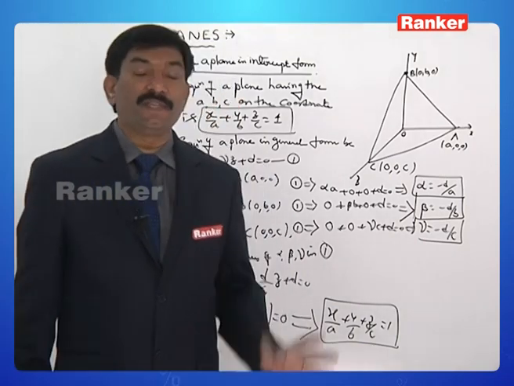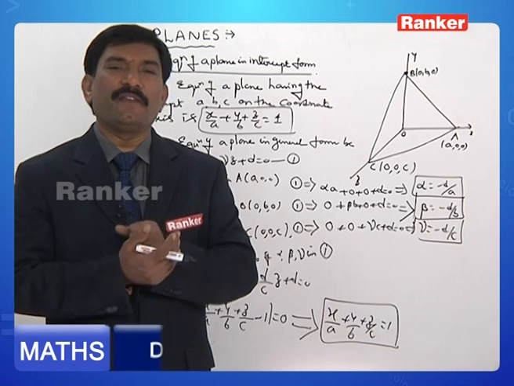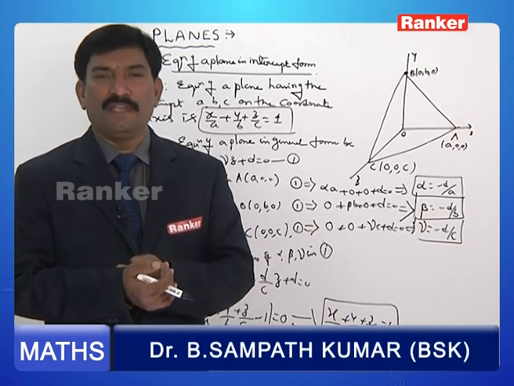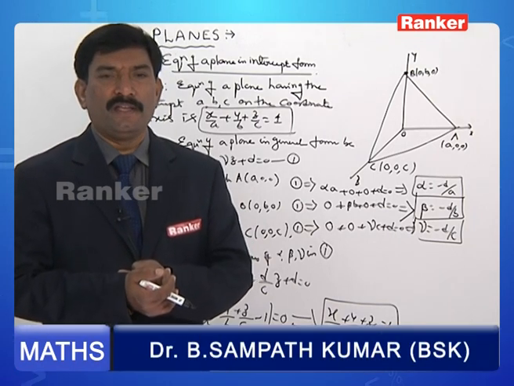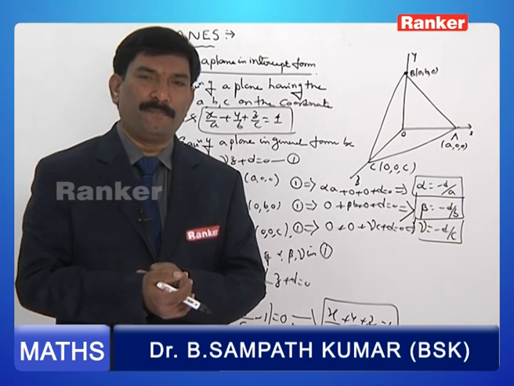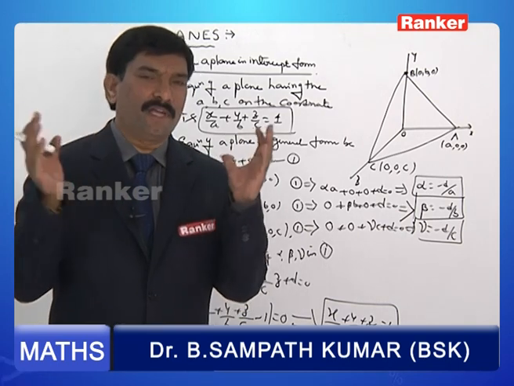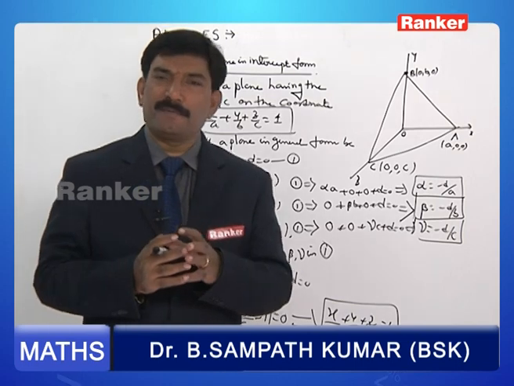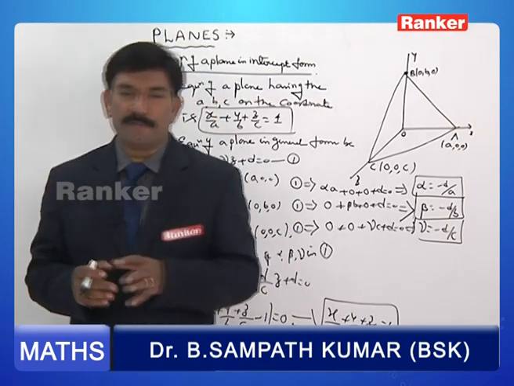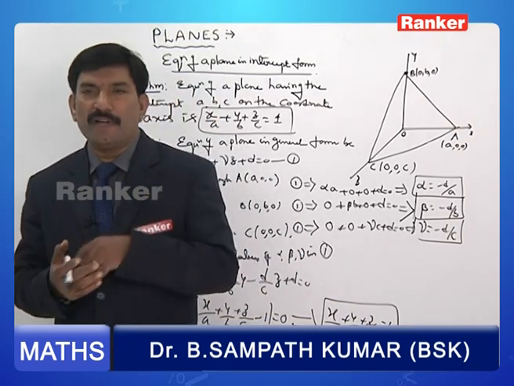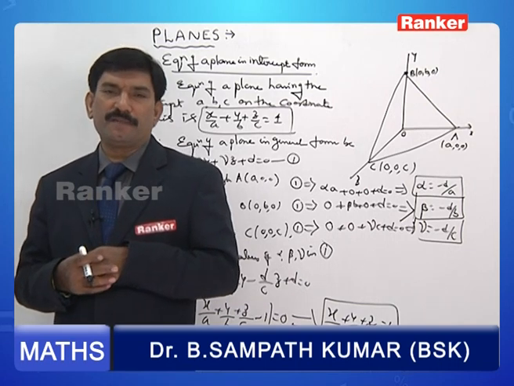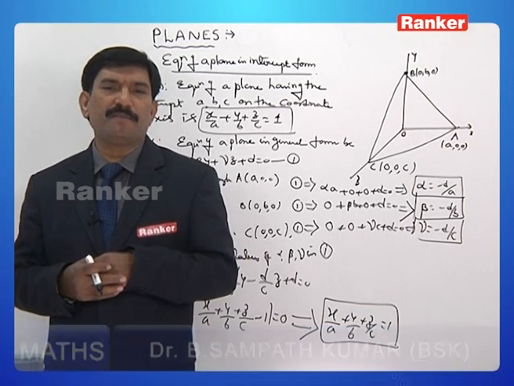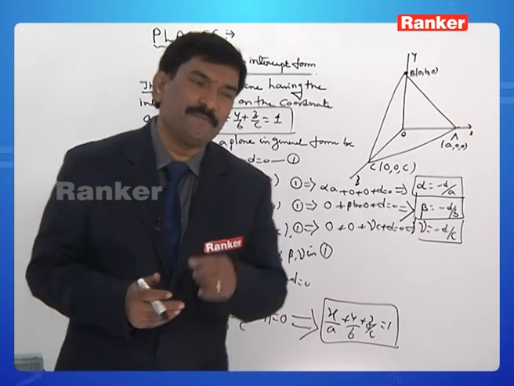So this is how you can find the equation of a plane in intercept form having x-intercept a, y-intercept b, z-intercept c, given by x by a plus y by b plus z by c is equal to 1.